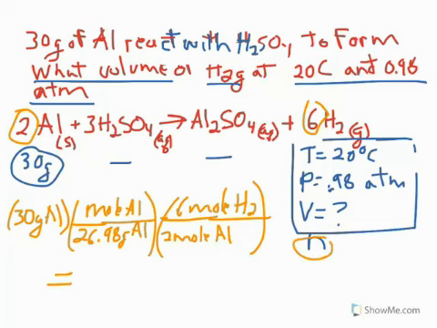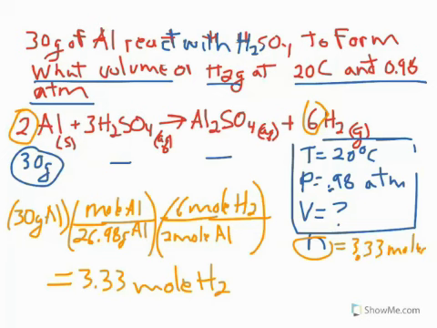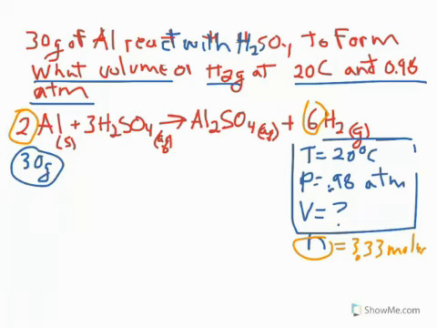And let me calculate that, and I get 3.33 moles of hydrogen. Okay, I'm going to have to erase some stuff. But that's the value I needed, 3.33 moles of gas. Hydrogen's my gas. Let me erase. Okay, continuing onward, I don't have enough paper.